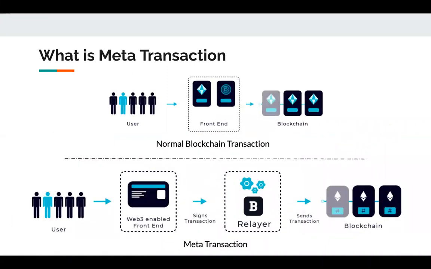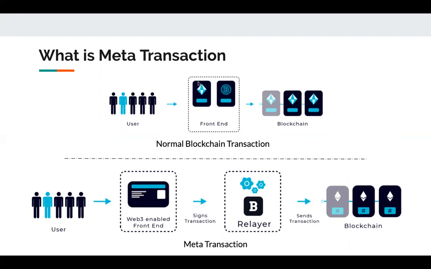When we talk about the meta transaction, this term you might be hearing for the first time. It's nothing different. I have already explained how a relay infrastructure works. If you see the diagram of a normal blockchain transaction, this is what it looks like. This is the user who is doing the transaction.